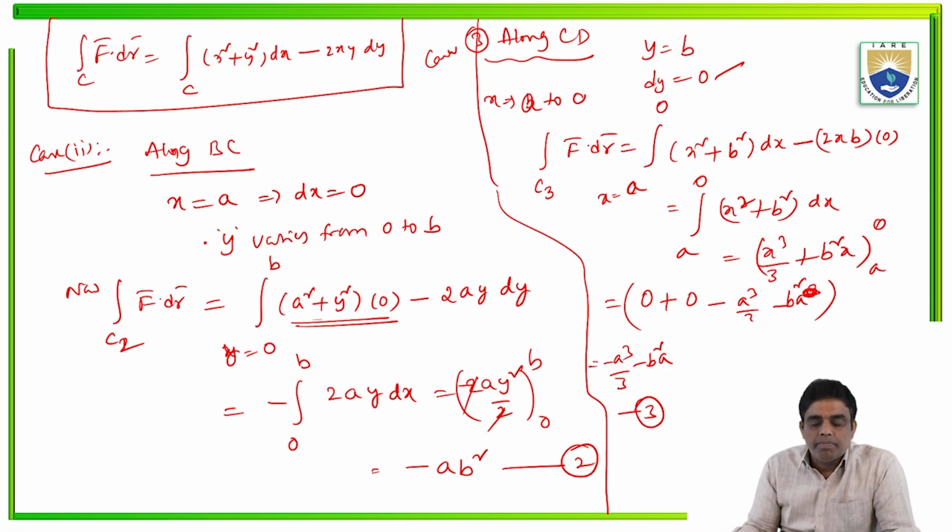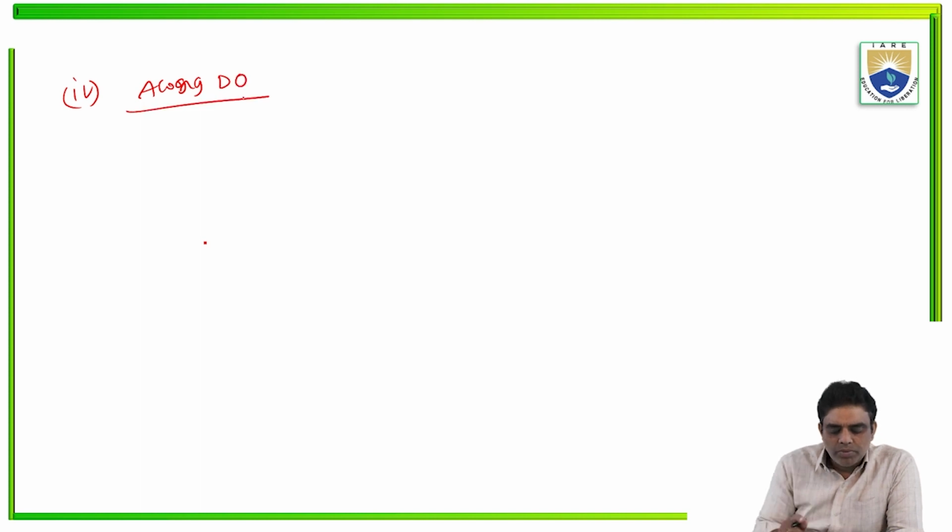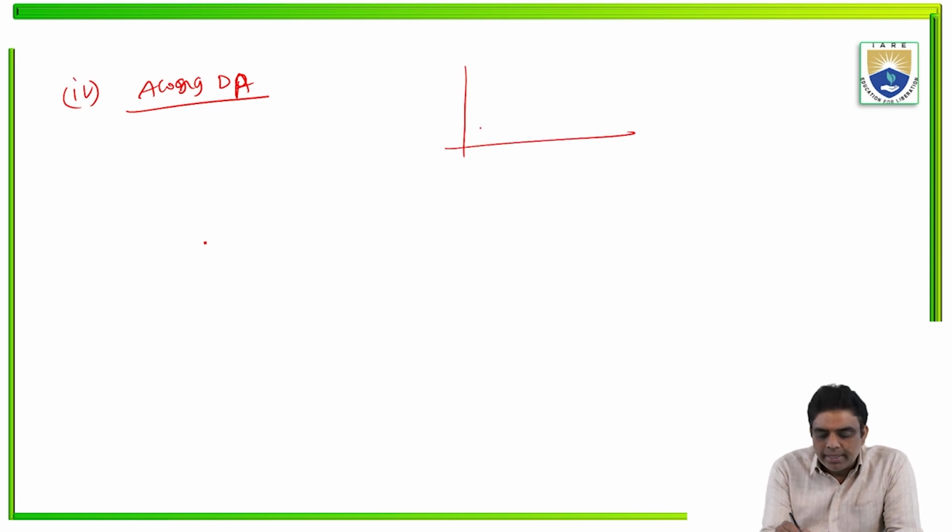Case 3 means along CD. And finally, the last one, along DA. So if I assume along DA, what is the DA equation? This is the line along the y-axis, which means x is equal to 0.